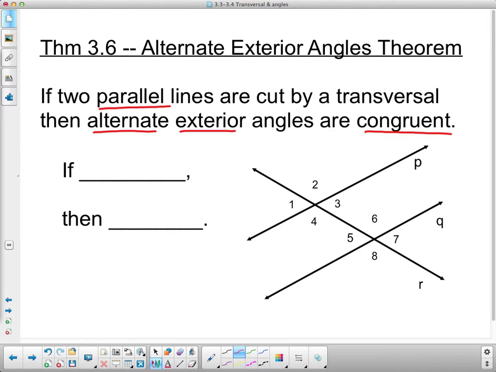So if P is parallel to Q, let's pick out a pair of alternate exterior angles on the diagram. 1 and 7. Good, 1 and 7. So angle 1 is congruent to angle 7.